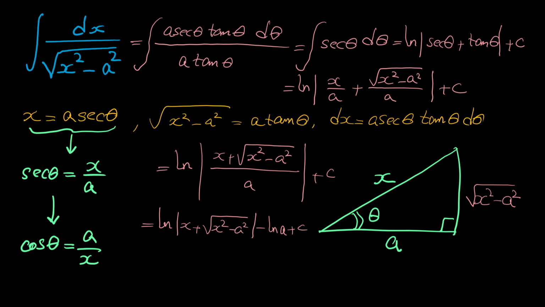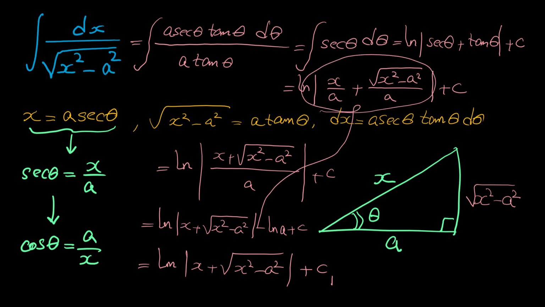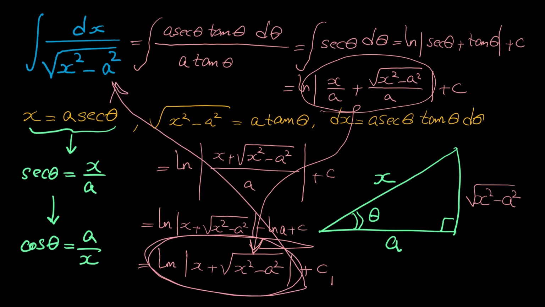So we can write our final answer in the form of ln of x plus radical x² minus a² plus, for example, c1. Please pay attention. This answer is the same as this answer, but this is a little better form for the answer of this integral.